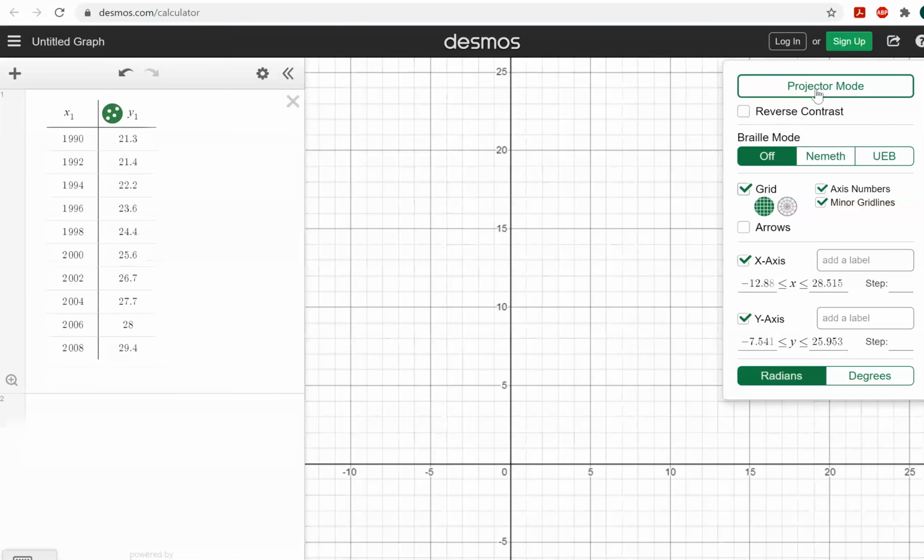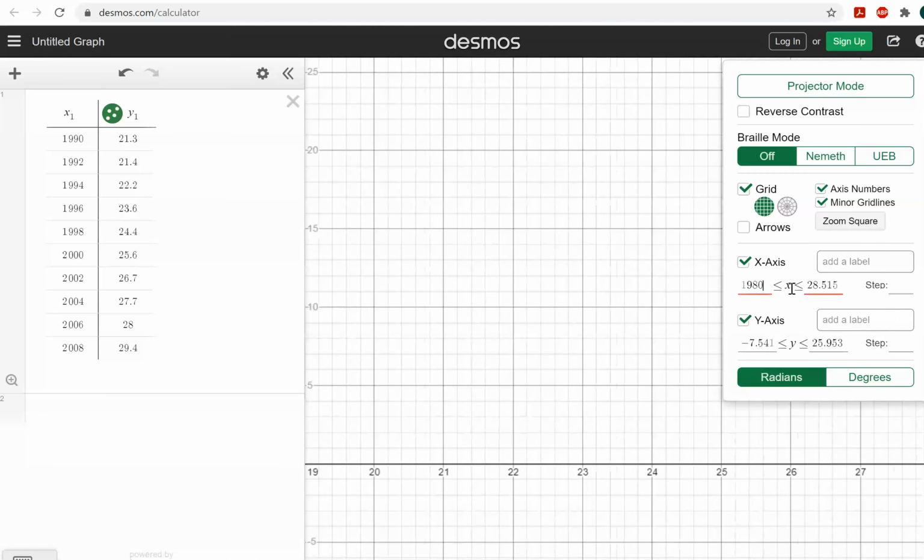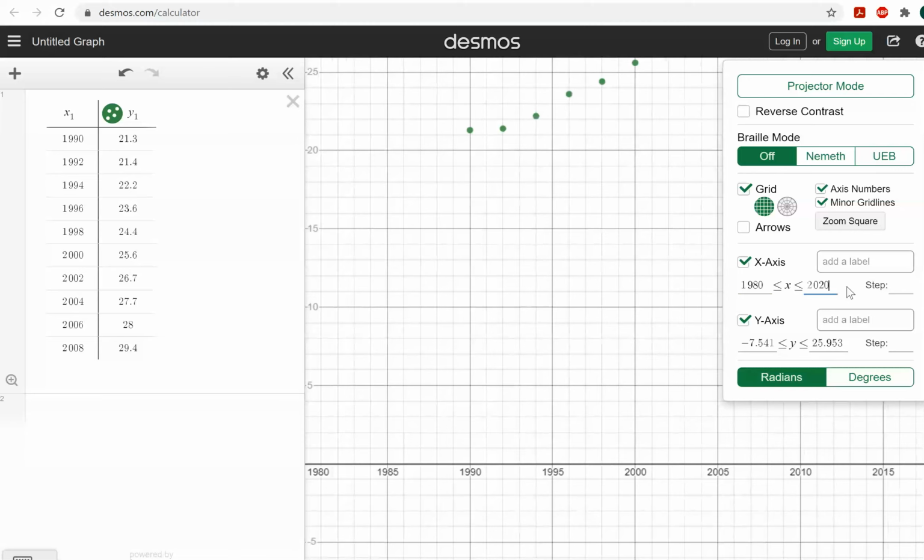That's a good option. So what I'm going to do is adjust the x-axis. I want to see from 1990 to 2008. I'm even going to go beyond that, to 1980 up to 2018. Let's go to 2020. So now I can start seeing my dots. Awesome. But they're still kind of off the screen there.